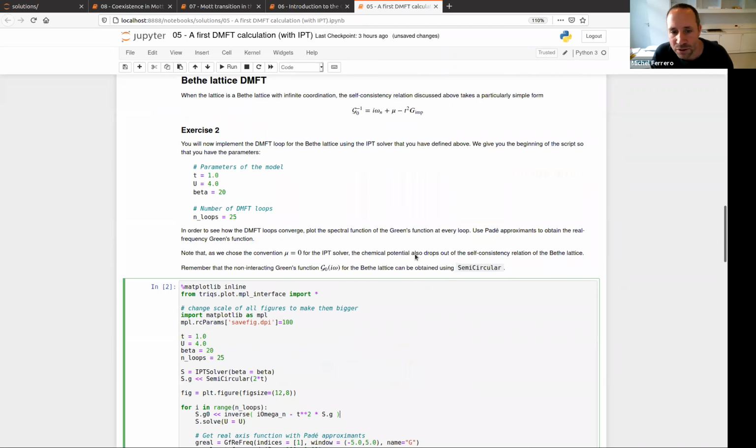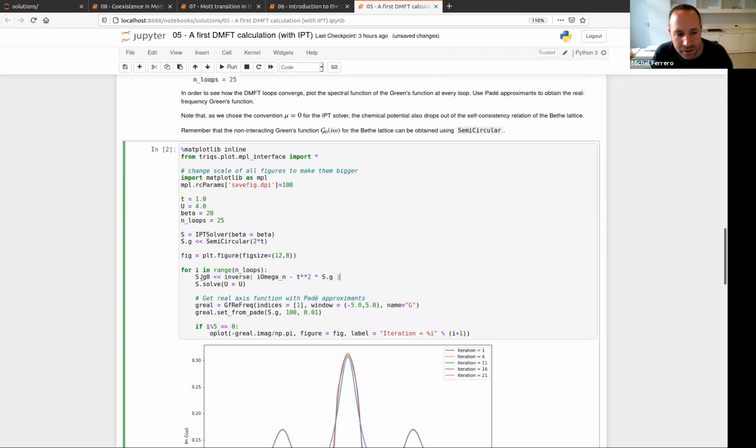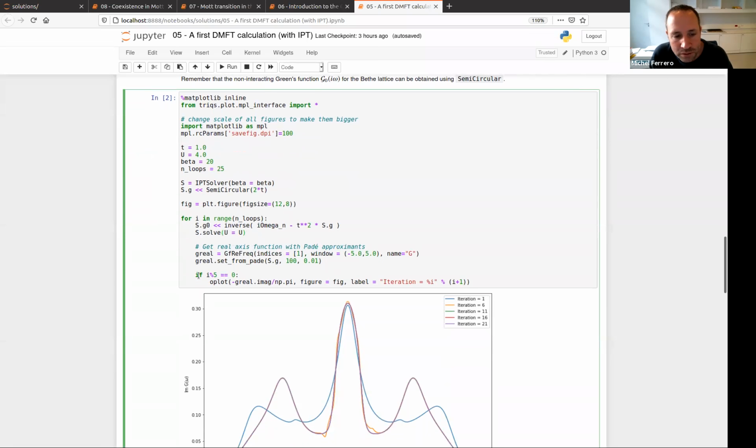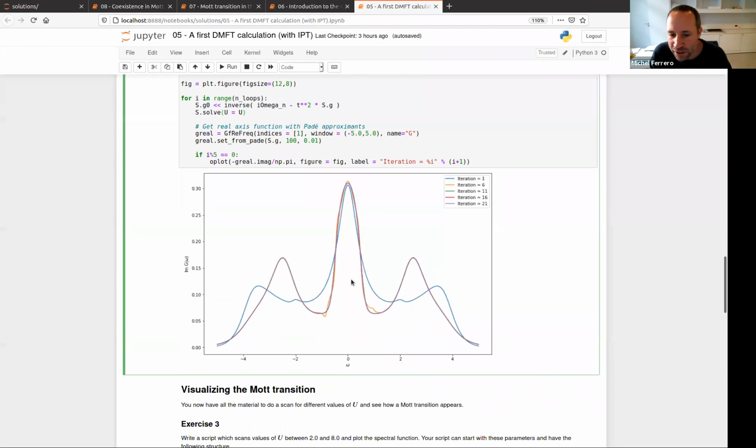G0 to the minus 1 is equal to i omega n minus t squared times G. That's my self-consistency. It provides a new G0, and then I solve the problem for the given value of U. And I use my Pade function to try to get the spectral function associated to this, and I loop. And that's what I obtain.